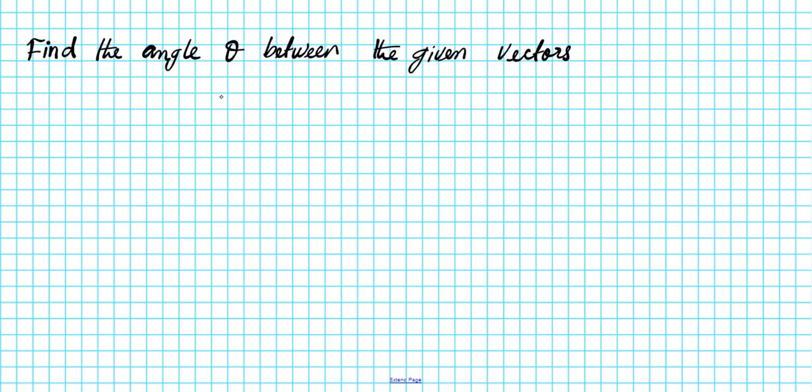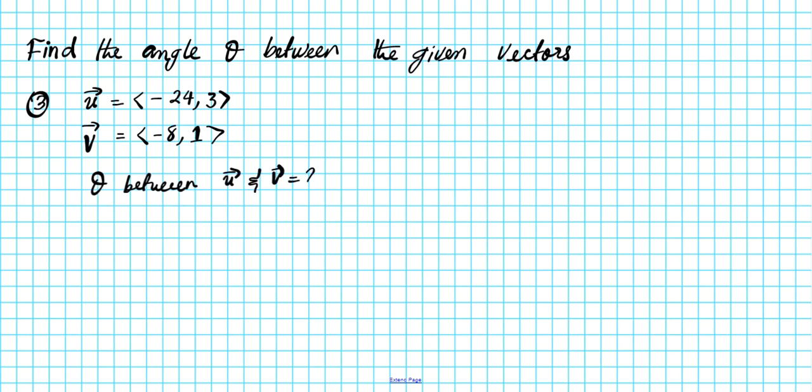Okay, so for number 3, let's say we have vector u as negative 24, 3, and vector v is negative 8, comma 1. Now we want to find the angle theta between vector u and v. So what is that?